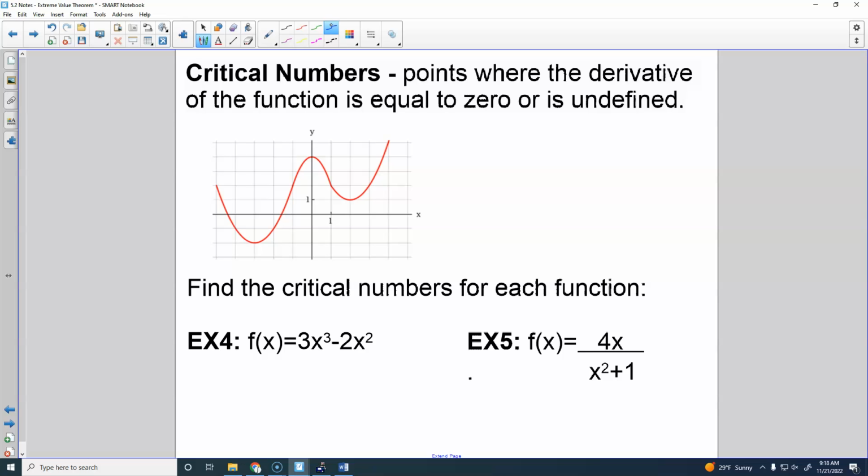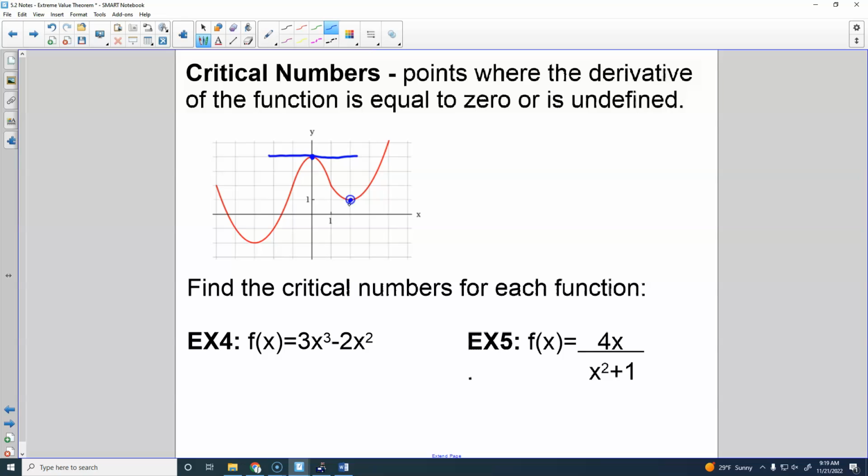And these are going to be points where the derivative of the function is equal to 0 or is undefined. Okay? Critical numbers are going to be really important because if I know my derivative is 0, that means the slope of my tangent line is 0, right?